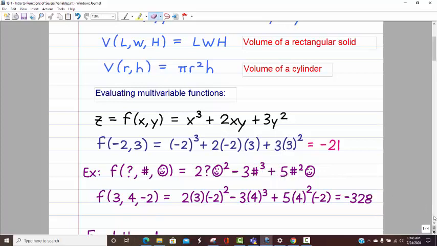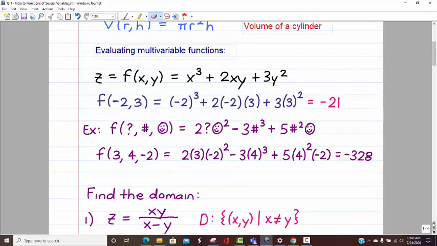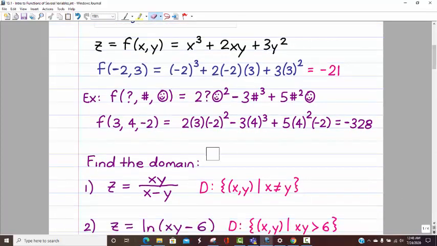Now this one, I'm just being a little silly here. I would not use this in the context of an exam or anything like that, but I just used three arbitrary symbols to represent the variables and wrote an equation. It would work the same way. So if you're going to evaluate f of 3, 4, negative 2, you're going to put in 3 everywhere you see a question mark. You're going to put in 4 everywhere you see this pound sign.